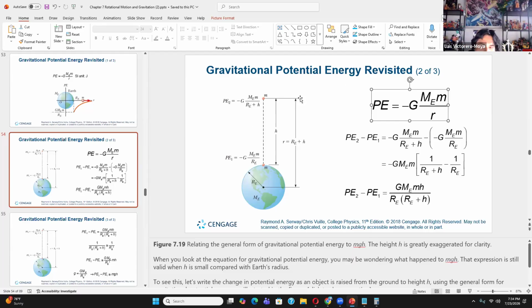So gravitationally speaking, the farther we are from a planet, the greater the potential energy we have. All right? That's why when we are approaching a planet, magnitude-wise, the gravitational potential energy increases.